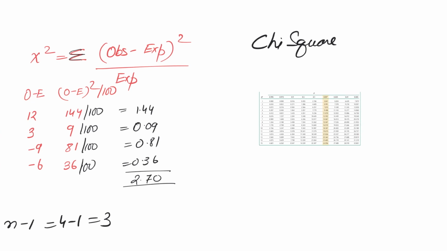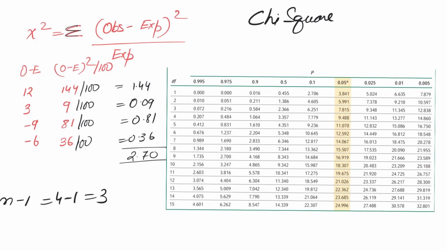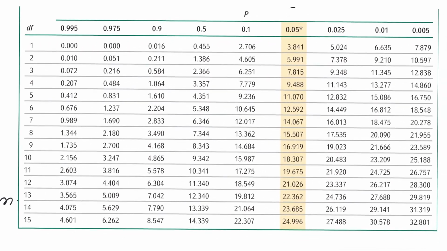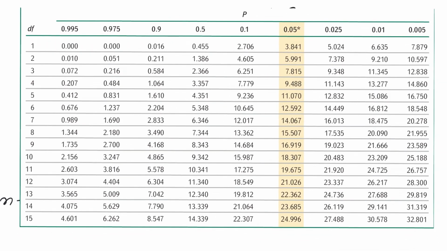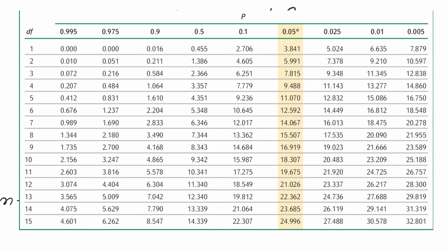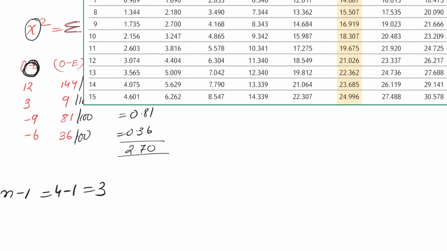As you can see in this table, we have rows and we have columns, and this is the degree of freedom we are talking about. Our degree of freedom was 3, and we have to look for our value, which was 2.70, right?